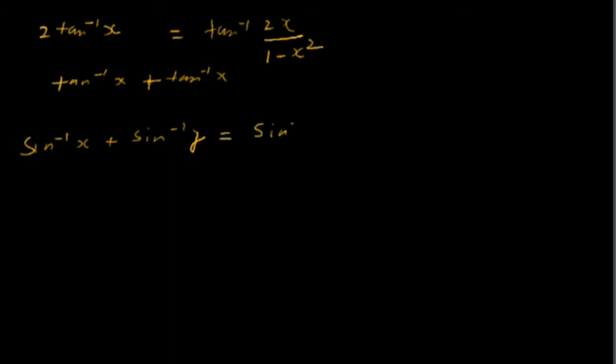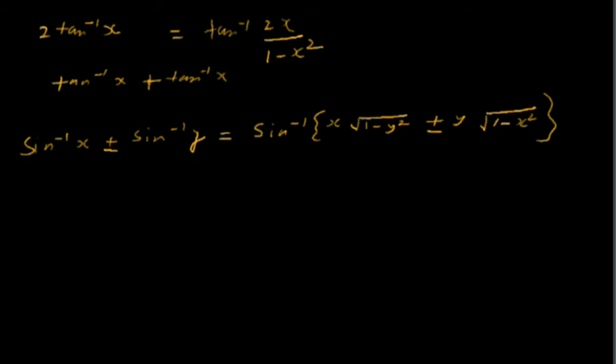So sine inverse x plus sine inverse y is sine inverse of x under root 1 minus y square plus y under root 1 minus x square. Very easy to remember. As you know, sine of a plus b is sine a cos b plus cos a sine b.